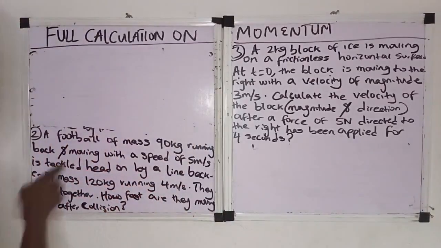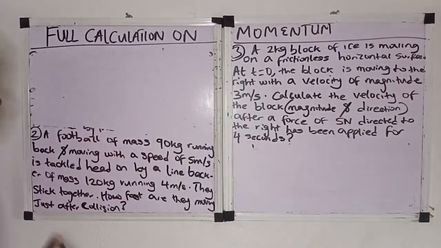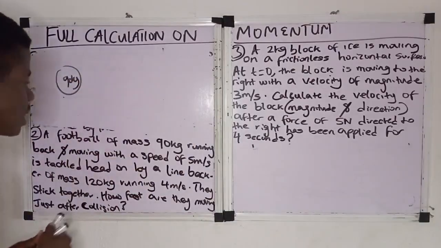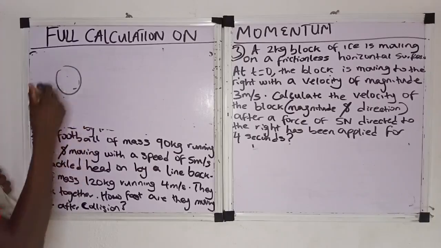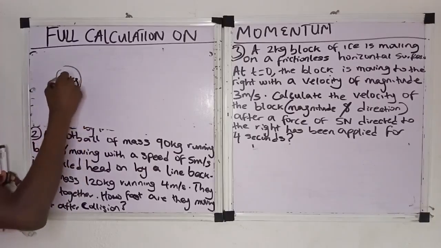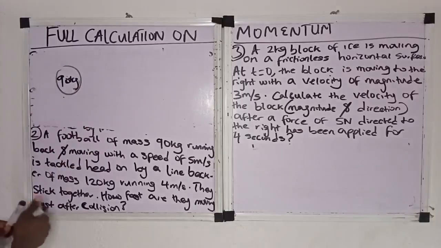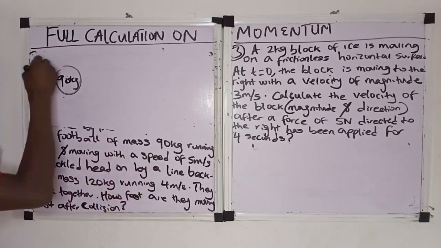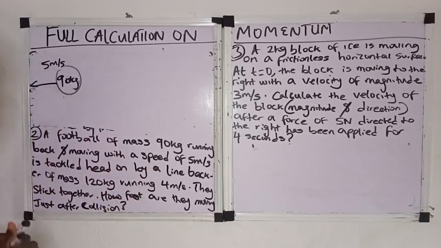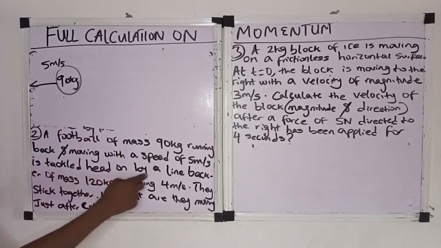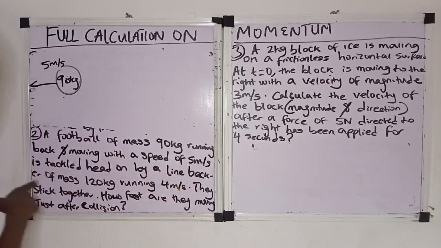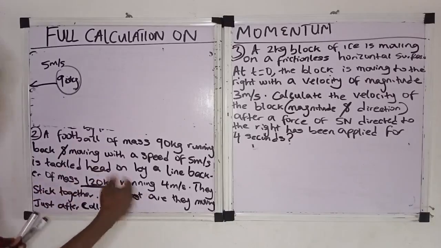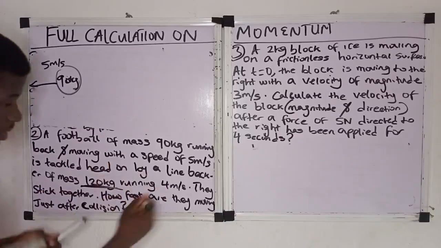Question 2: a football running back of mass 90 kg, moving at a speed of 5 meters per second, is tackled head on by a linebacker of mass 120 kg running at 4 meters per second.